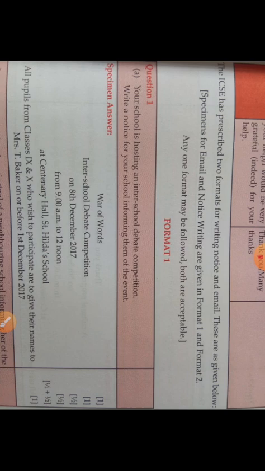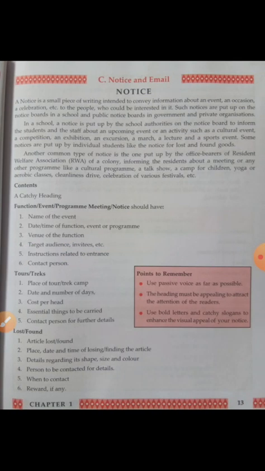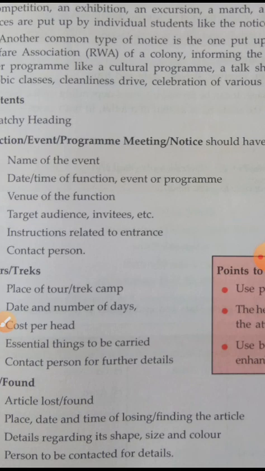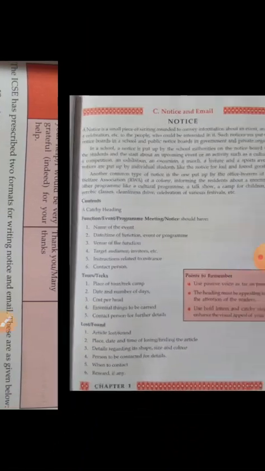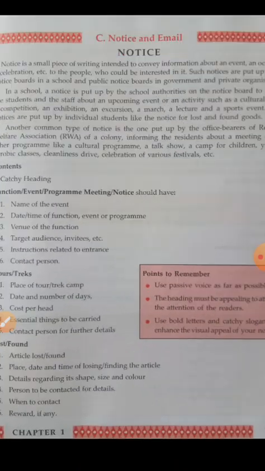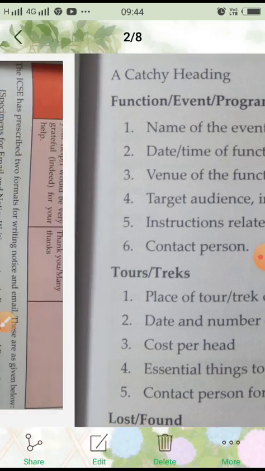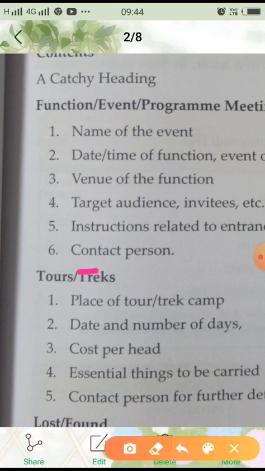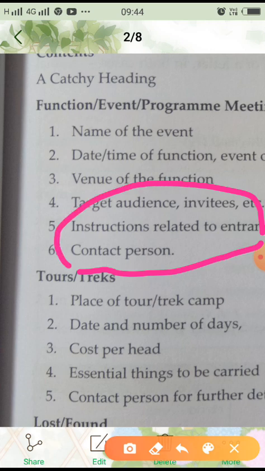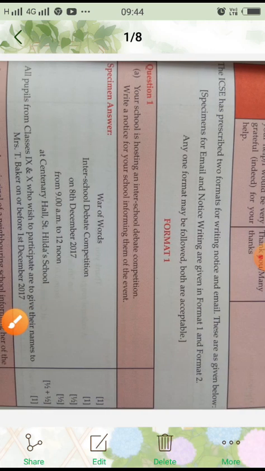And then another point given to us is instruction related to entrance and the contact person. You can see points number 5 and 6. Here it is given that all pupils from classes 9th and 10th who wish to participate are to give their names to Mrs. T. Baker.